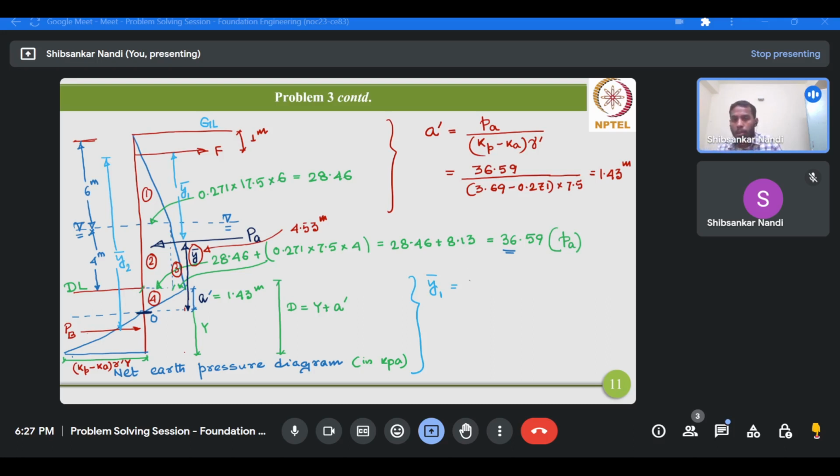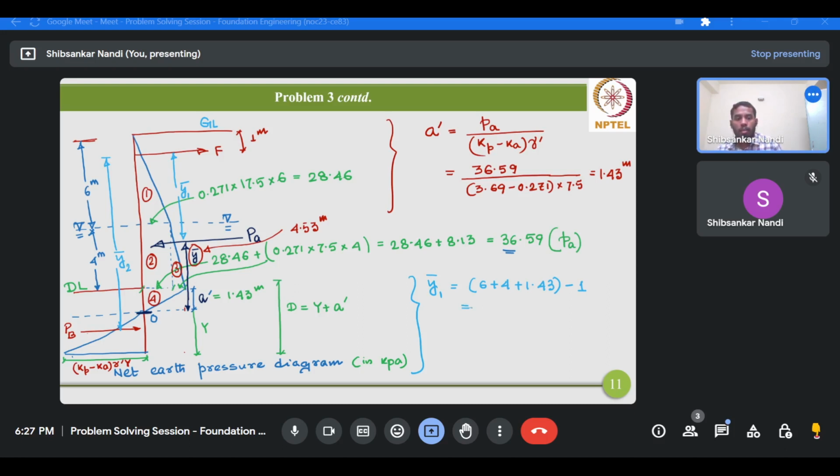What will be that depth? 6 plus 4 plus a prime, where a prime is 1.43. Now we'll subtract the location of this anchor from the ground level, that is 1. That will give you Y1 bar plus Y bar.